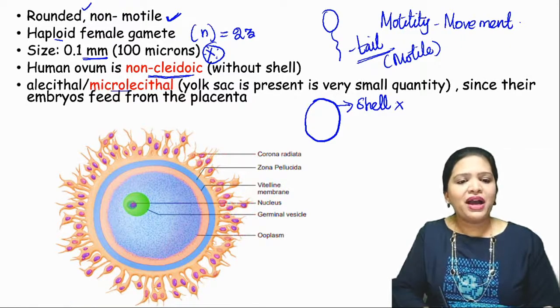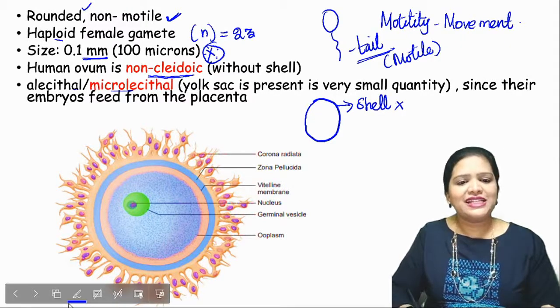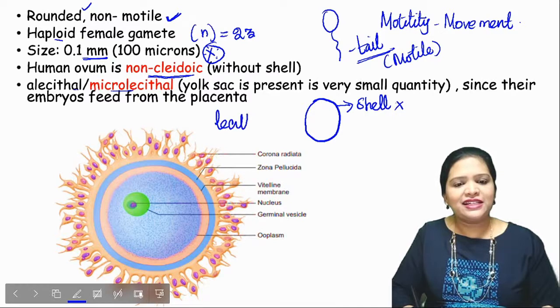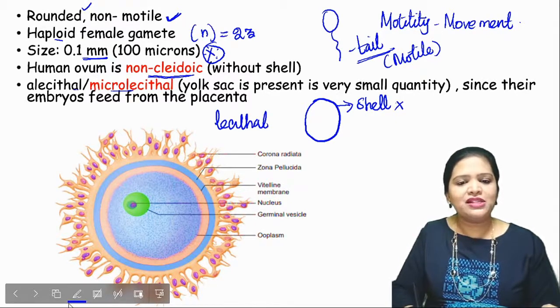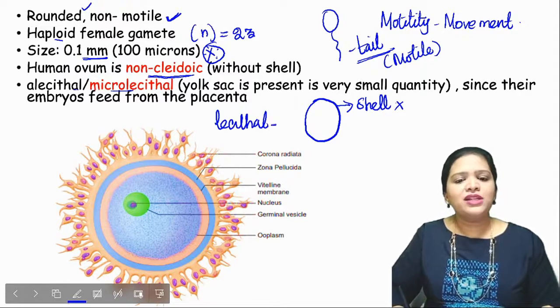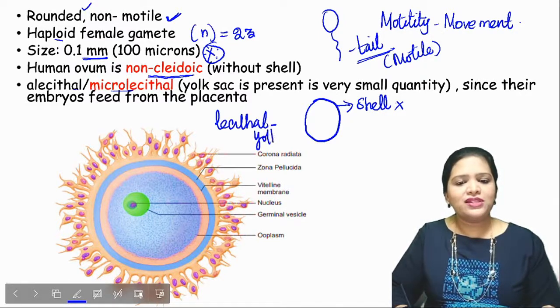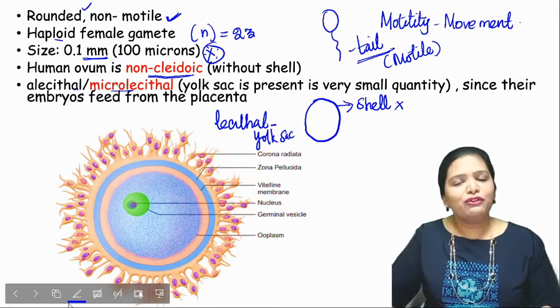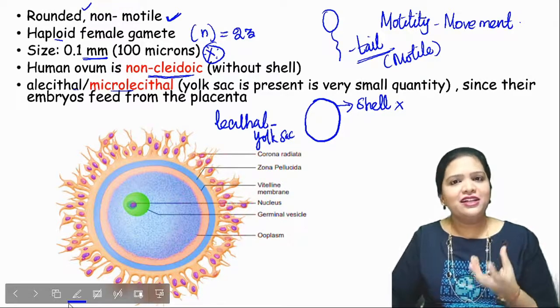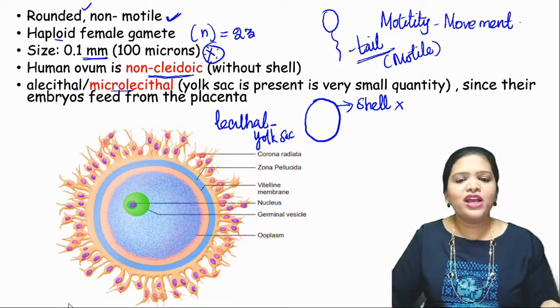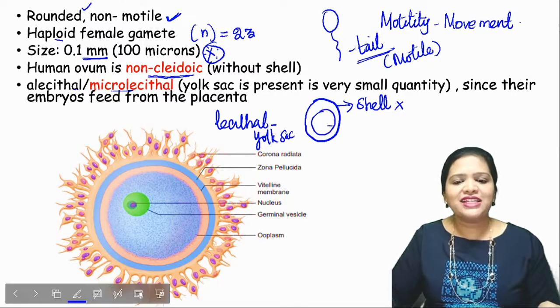And it is microlecithal or alecithal. Here lecithal means yolk sac. So what is yolk sac? For example, take again a hen's egg. The hen's egg has the center part.